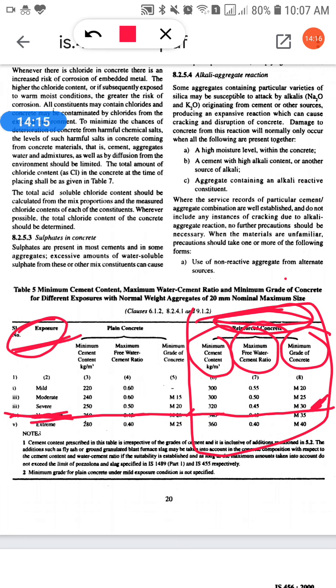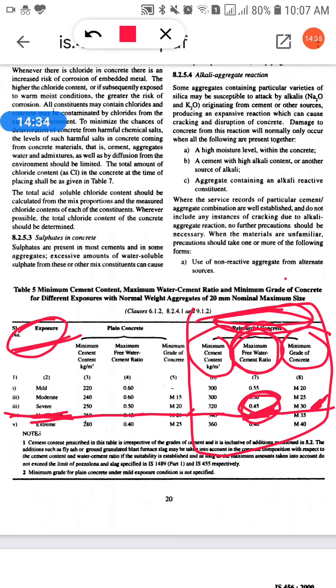We are designing here for M40, so this one is also correct. Now the maximum free water cement ratio, this we have to know. So maximum water cement ratio is 0.45 for M40 concrete and for severe condition.